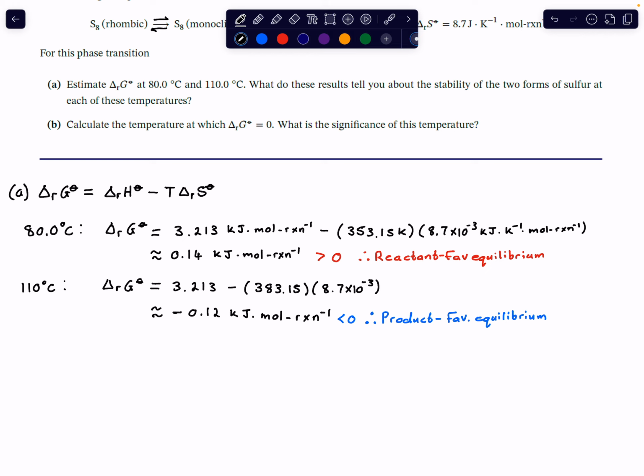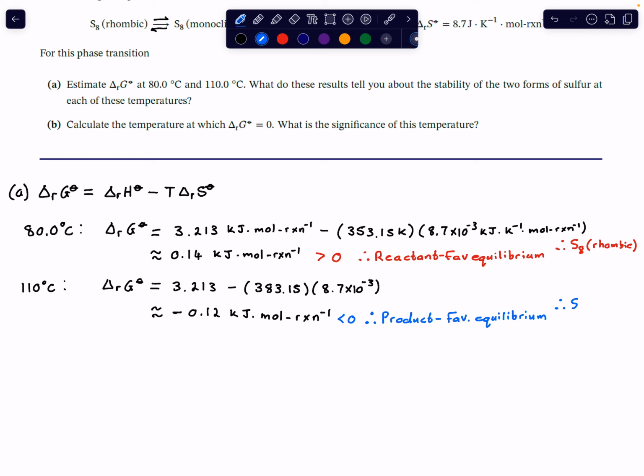So that means, what do we actually have? What is the stable form? Meaning we mostly have the reactant. So mostly what we have is the so-called S8, the reactant, the S8 rhombic. And when we increase the temperature to 110, we have mostly the products.